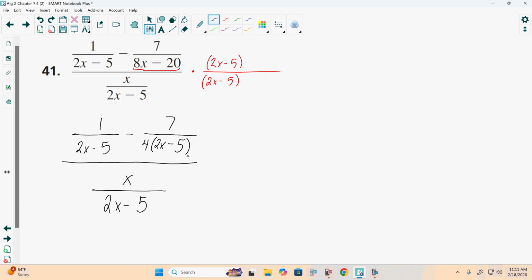So again, multiplying it by 2x minus 5 and 8x minus 20 would eventually get us to the same result. But what we'd actually been multiplying by is, if I did 8x minus 20 here, really what we're saying we're multiplying it by is 4 times 2x minus 5. Which is fine, we'd still get to the same answer, but we're multiplying by 2 of them when we only really need 1.